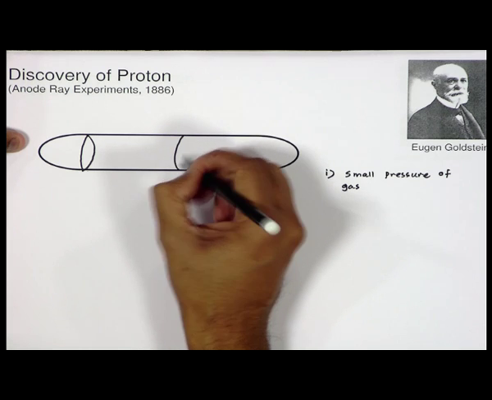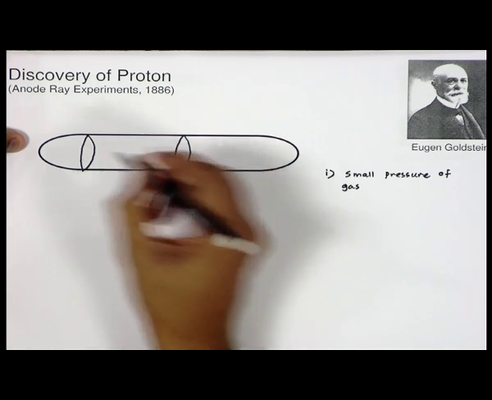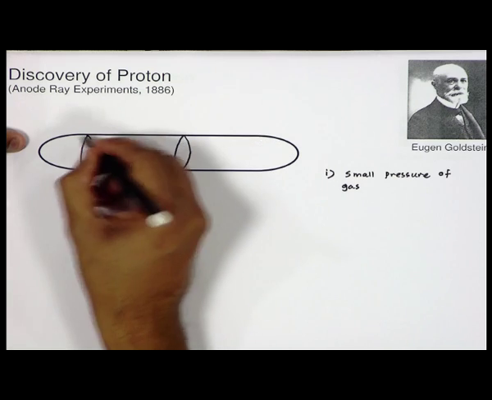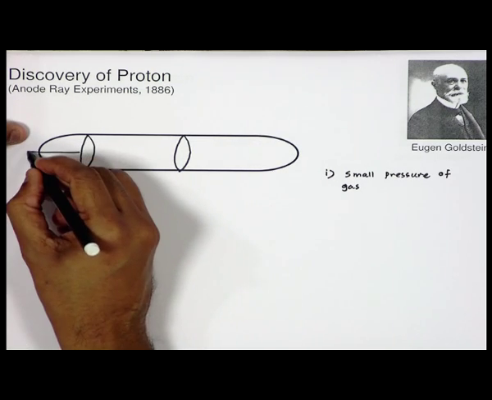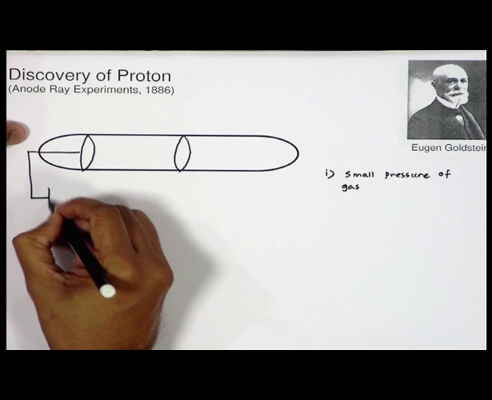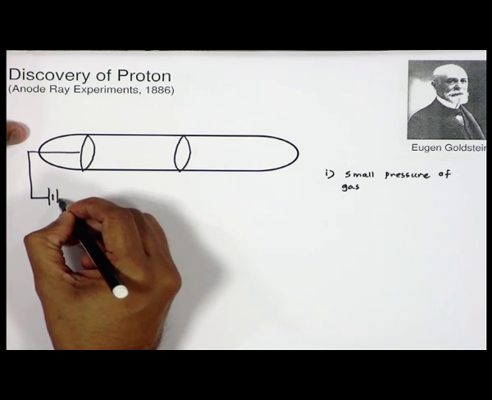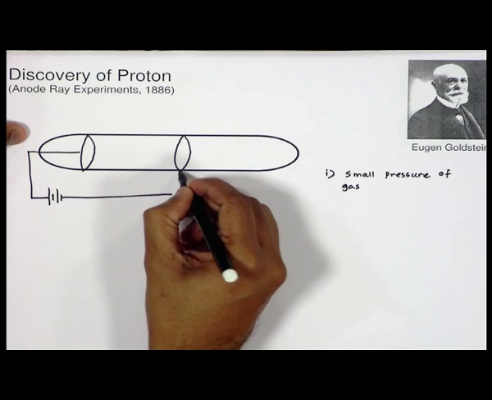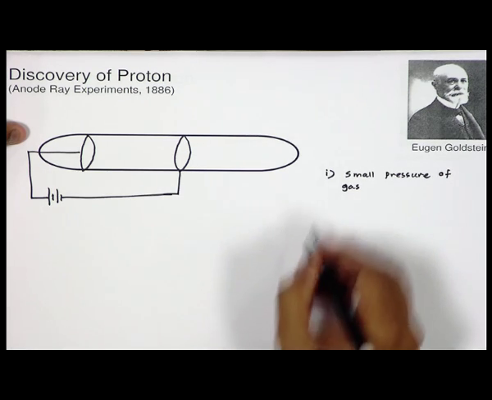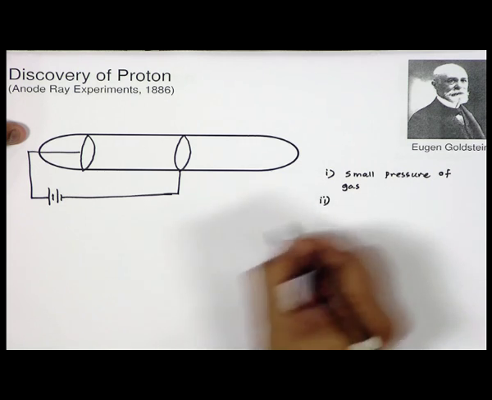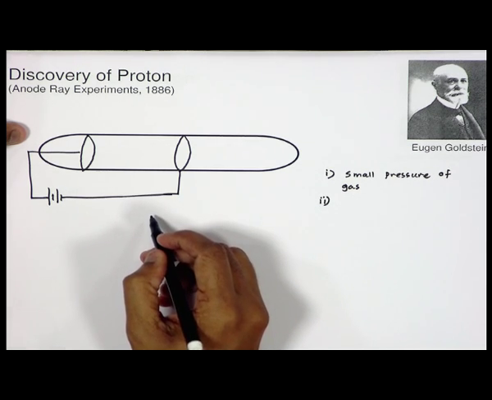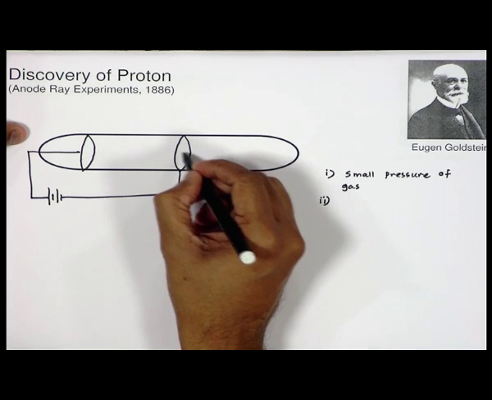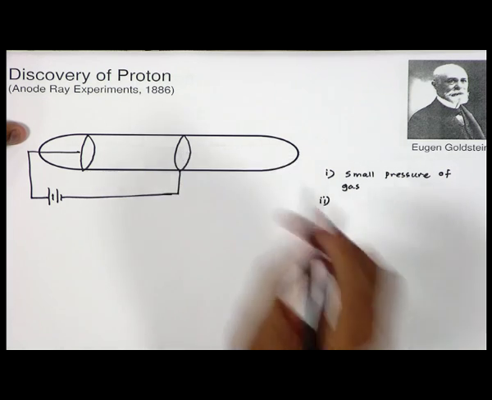The other difference is that, if you remember, in the cathode ray tube we had one hole in the center of the anode.